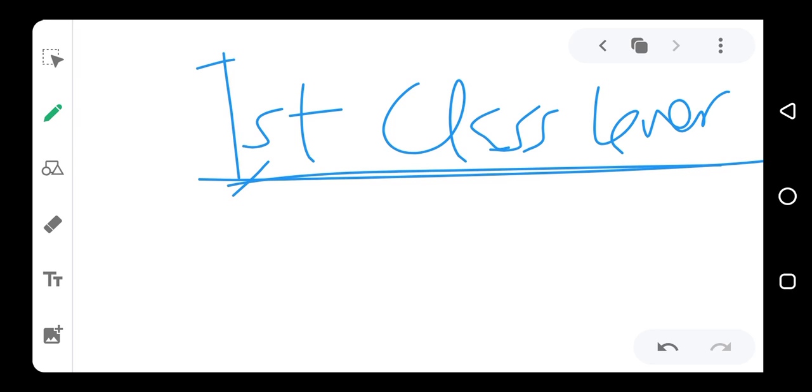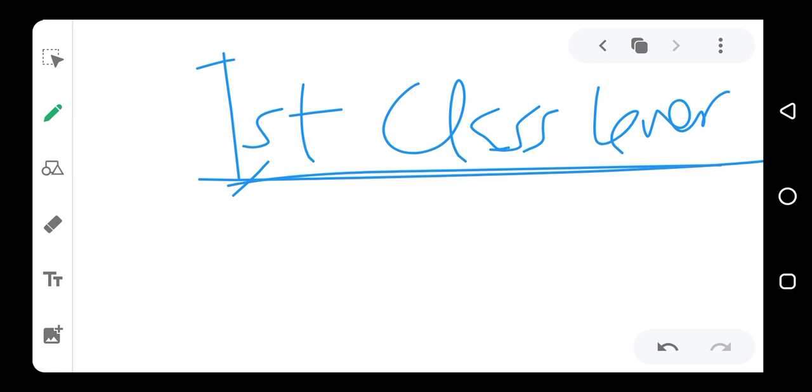So when we have a simple machine where the fulcrum or pivot is between the load and the effort, we call it a first class lever.